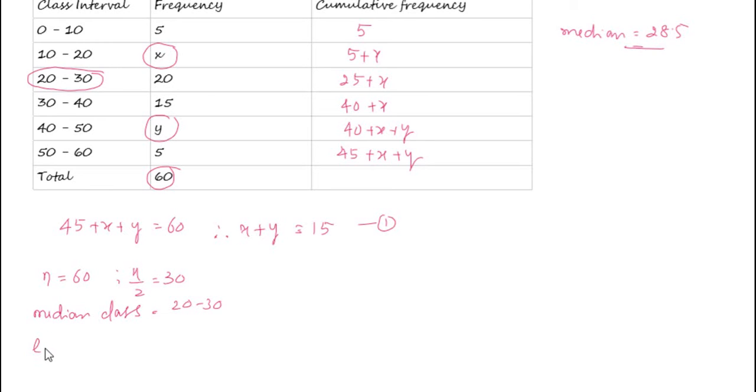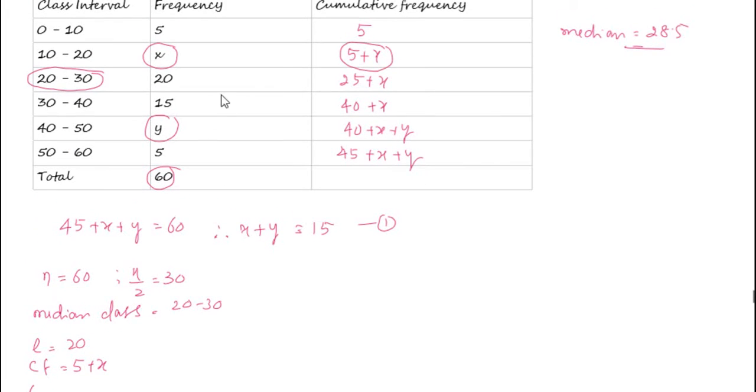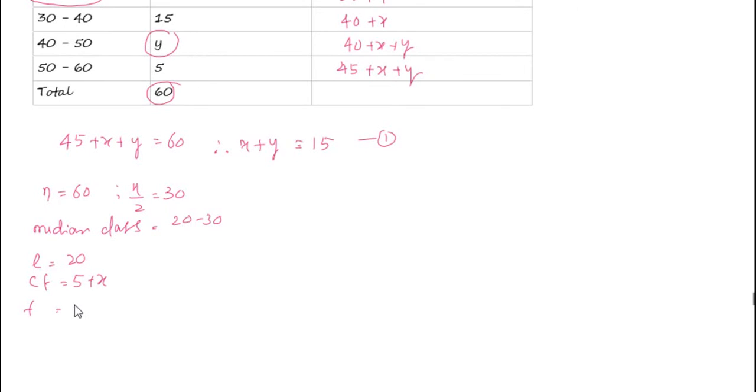Therefore, L equal to 20. Now CF, this is the median class. So CF is the preceding cumulative frequency, that is 5 plus x. So CF is 5 plus x. F is equal to the median class frequency, that is 20, and h equal to 10 here.